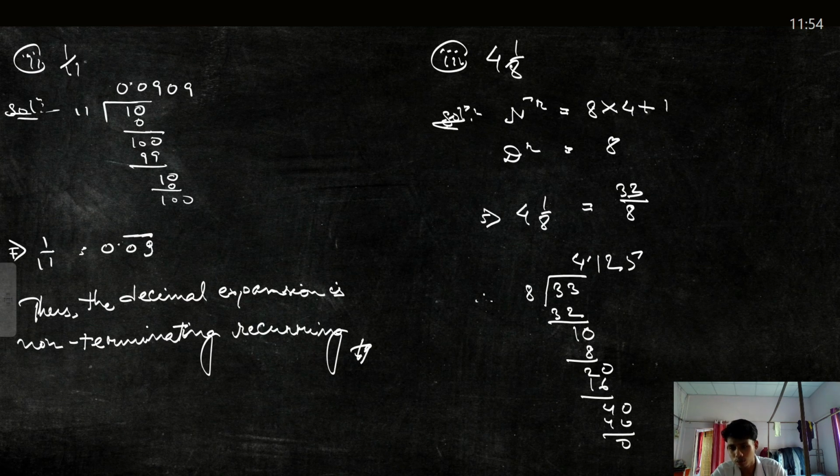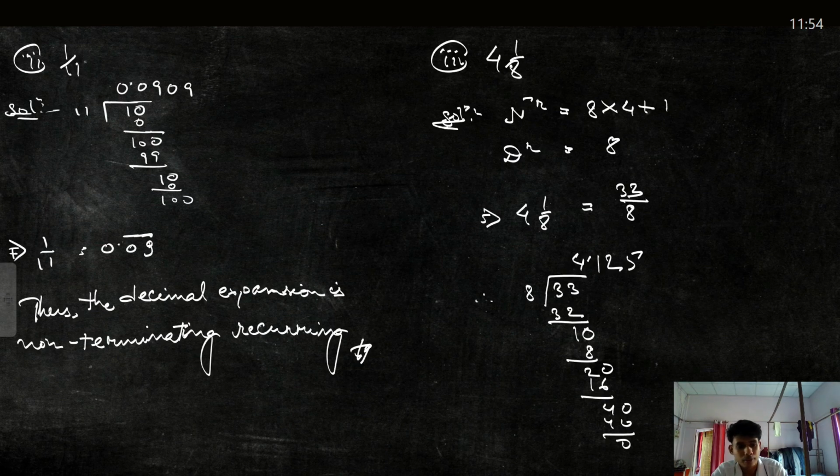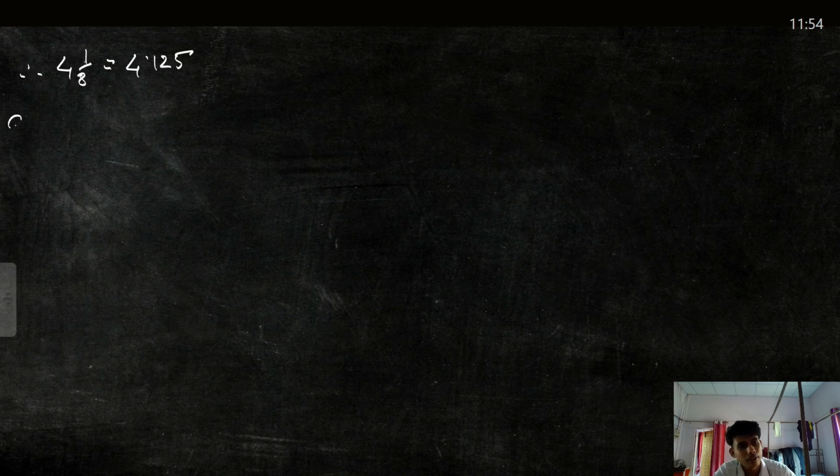I'll write in the next page. Therefore, 4 whole 1 by 8 is equal to 4.125, and the decimal expansion is terminating.